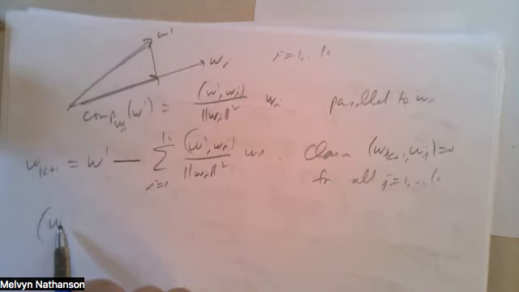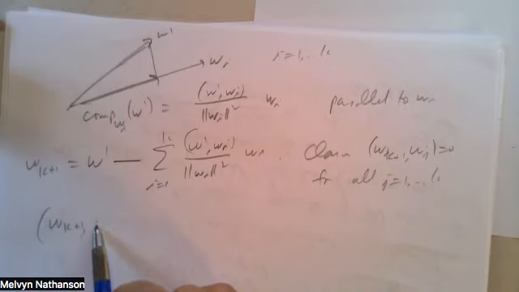So let me do this calculation. WK plus 1 inner product with WJ.